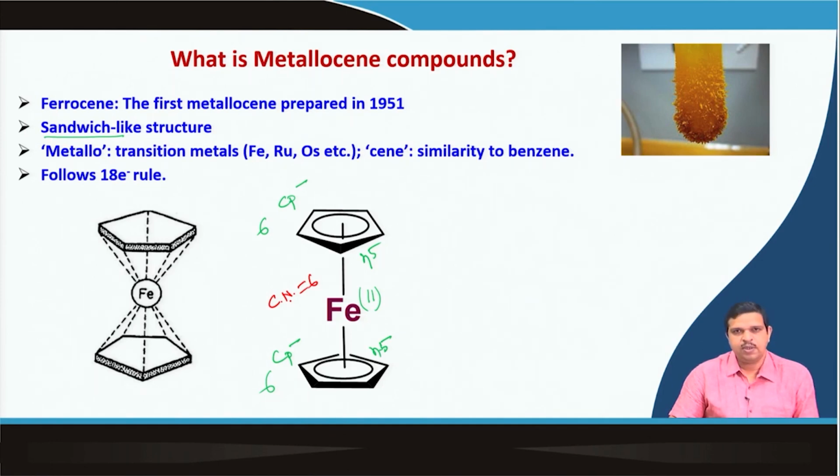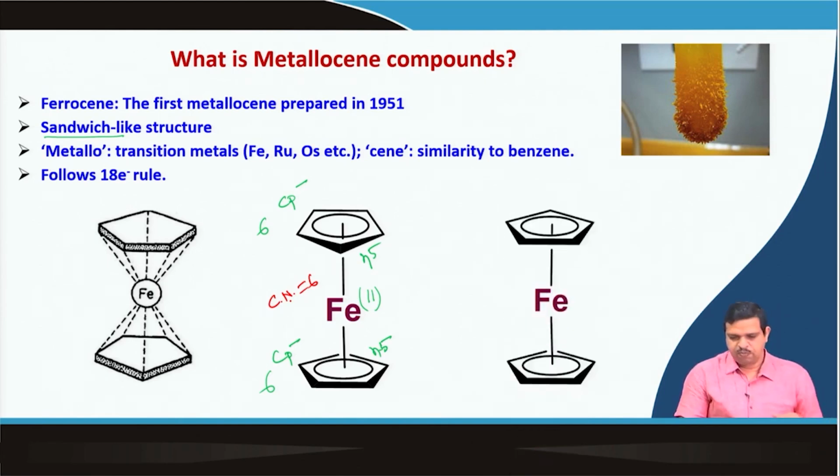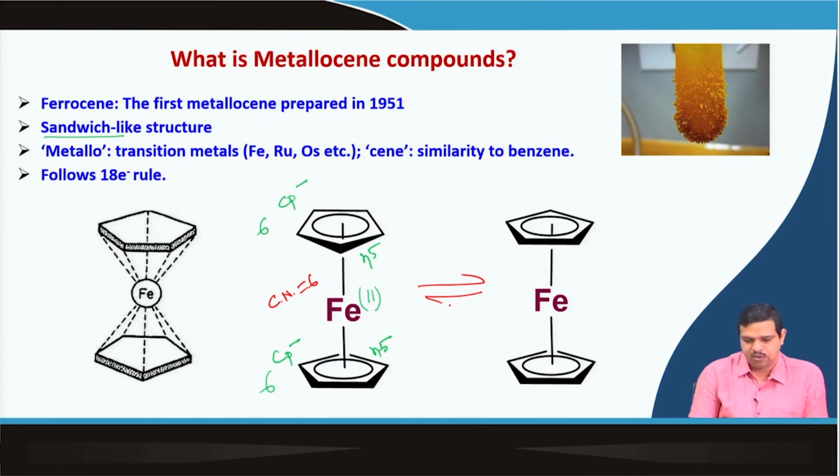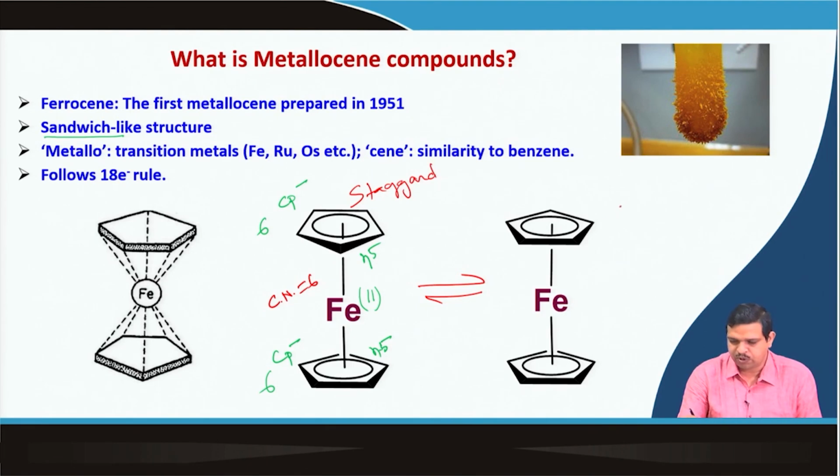Now if you look very carefully, ferrocene can also exist in 2 forms. Try to understand the difference here: in one, the 2 Cp rings are in a staggered conformation, and in the other, the Cp rings are in an eclipsed conformation.